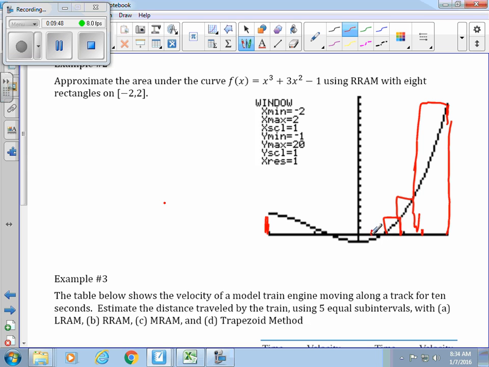This rectangle to a half actually is 0 because the right endpoint is 0. And then this one down here looks like that. Okay. Everyone see how that works? Everything works out the same.